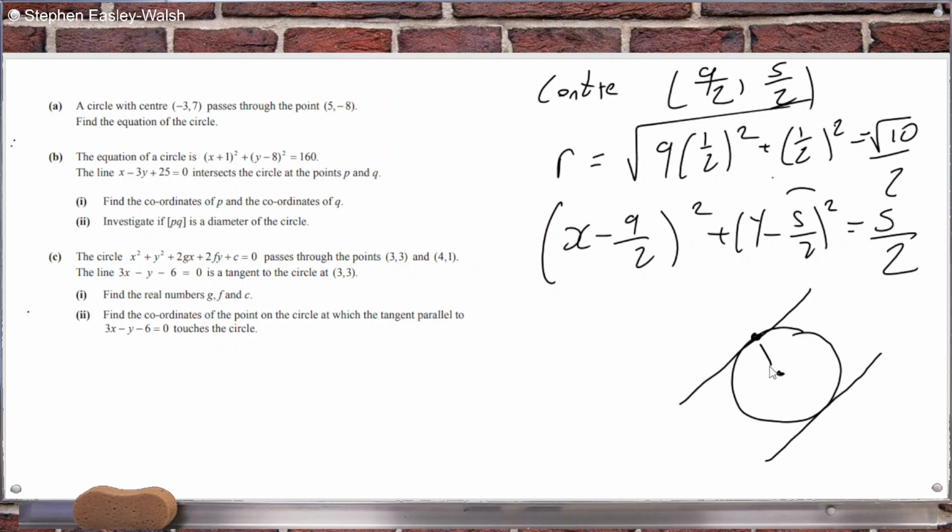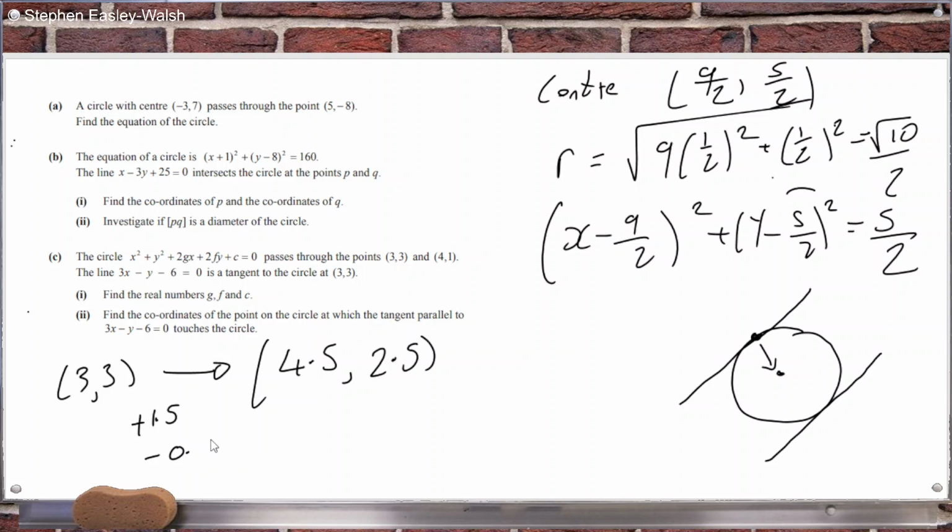So I think we can do that with a translation. So 3 to the center, which is just as a decimal for the moment, 4.5 and 2.5. That's add 1.5 and minus 0.5. So if we continue that translation again to get on the opposite side, 4.5 plus 1.5 is 7, 2.